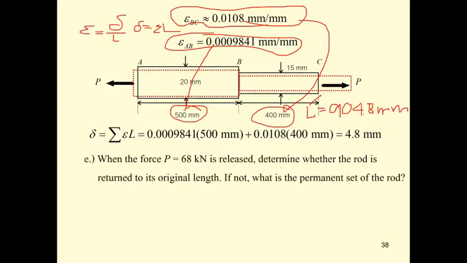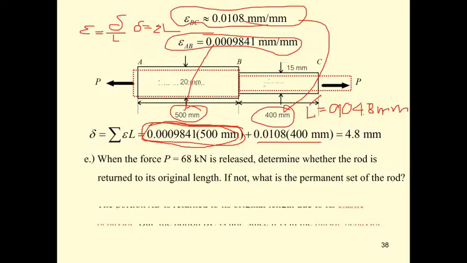And then you release the force. When you release the force, you can see that this portion has elastic behavior. All the deformation that occurred here is going to return back. So only this part, BC, is going to have some permanent set.